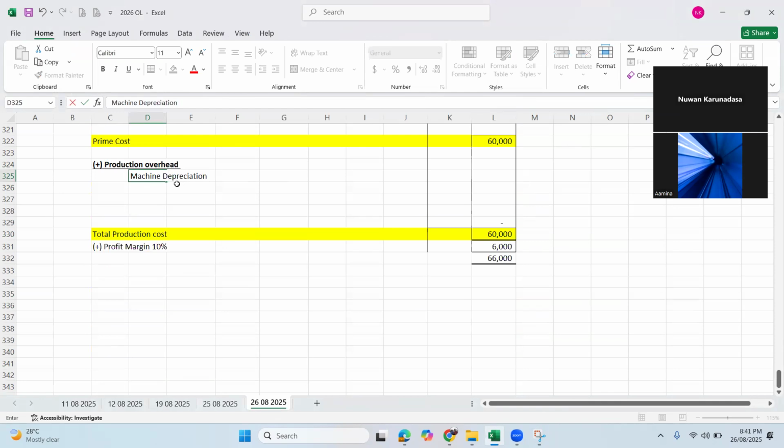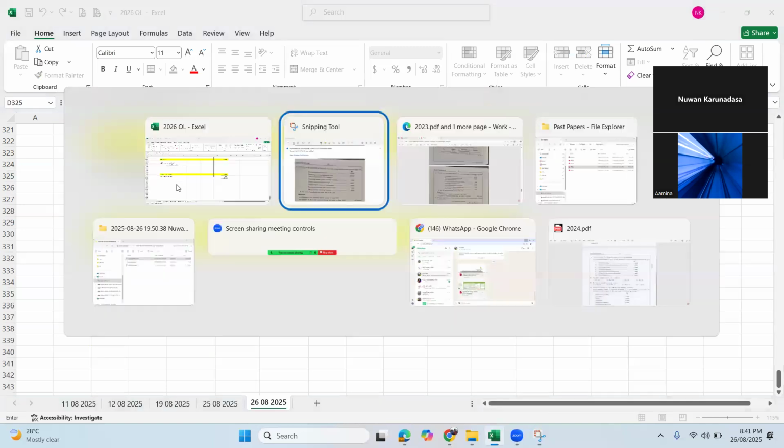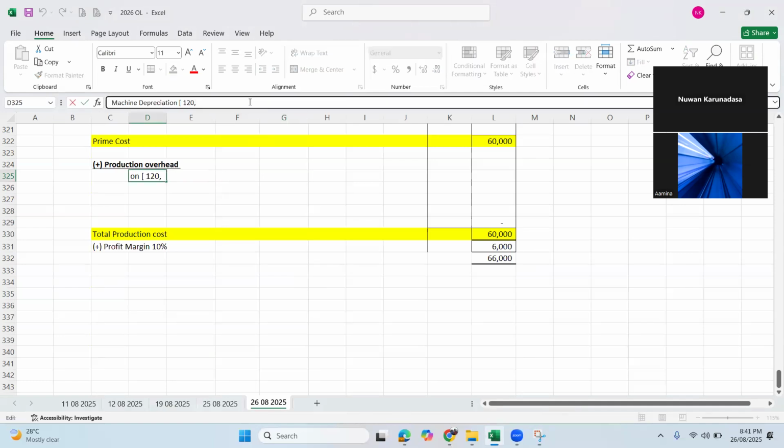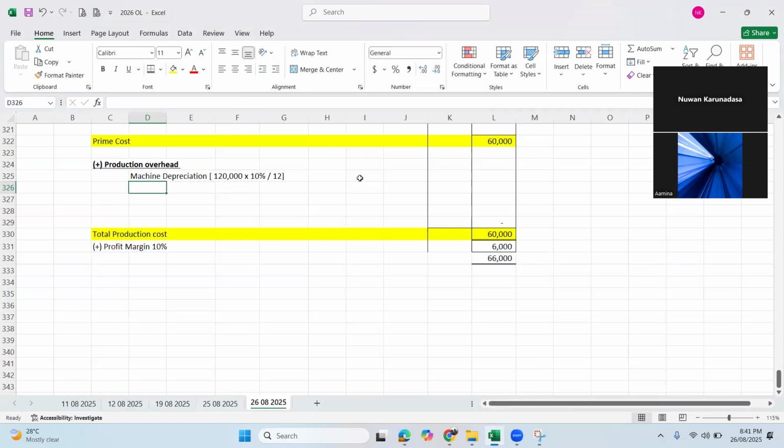These are new things for you, right? How do you calculate the depreciation? 120,000 into 10% and divided by 12. This is for a month, so you must divide by 12.